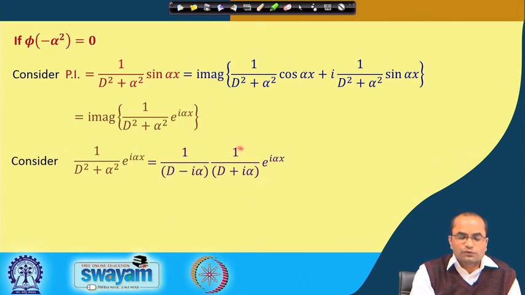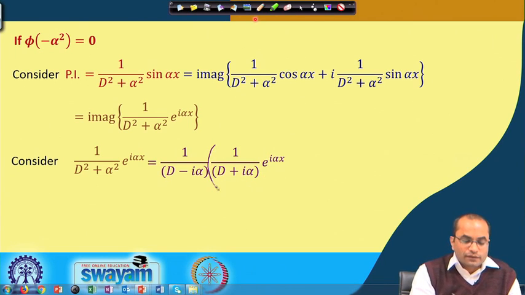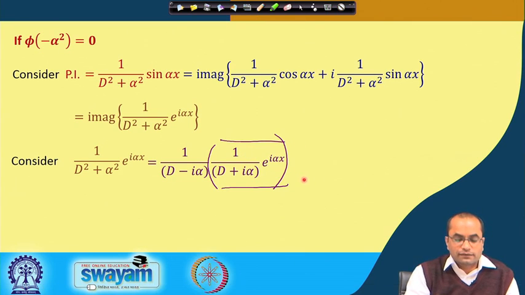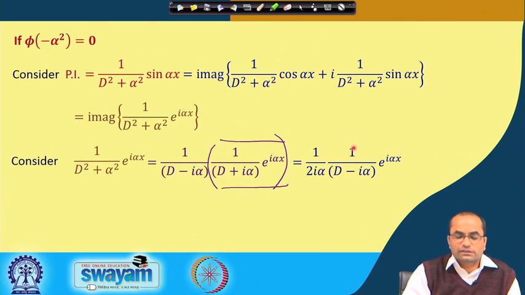So, we will have 1 over 2 I alpha as a result of this operation, and then the rest is 1 over d minus I alpha operated on e power I alpha x, and this 1 over 2 I alpha we have taken out of this operation.